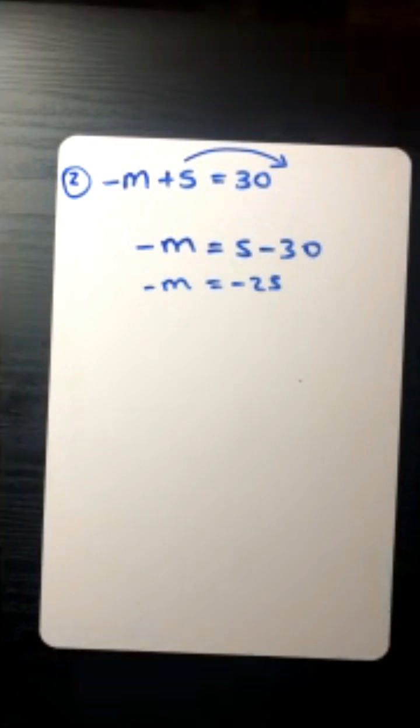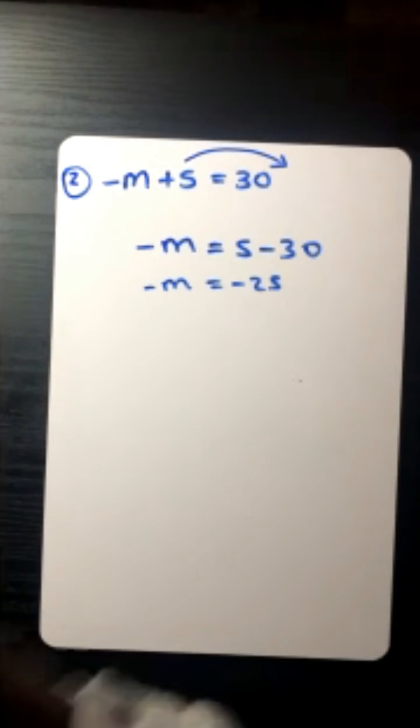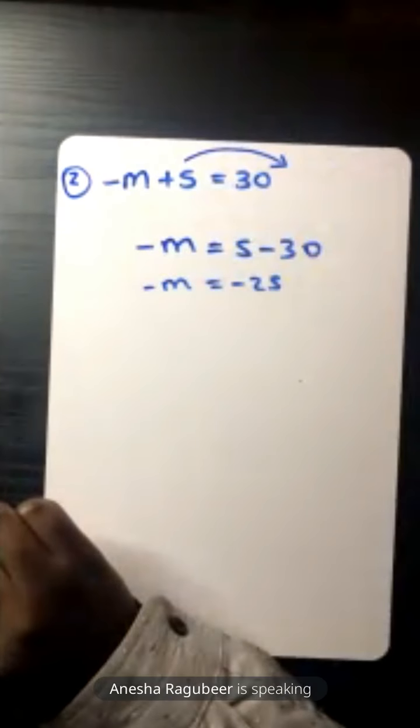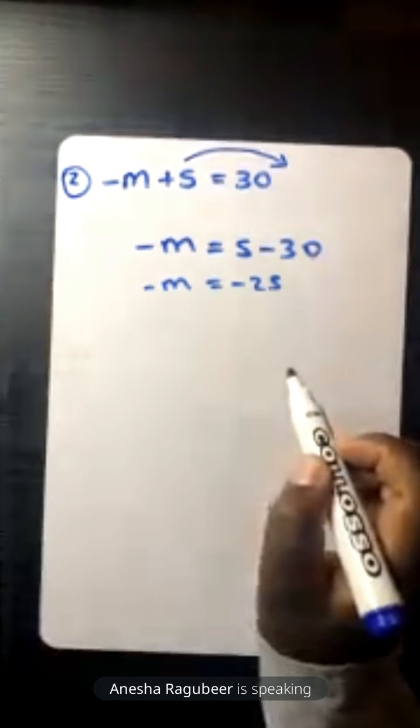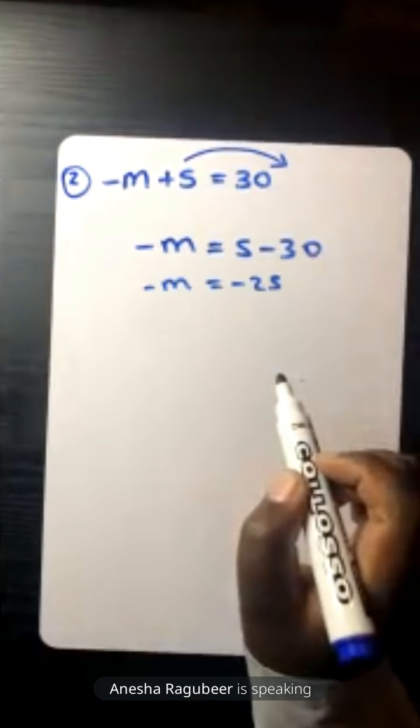So when you move that 5, what are you remaining with on this side? It's on the left side. Yes, because you are now moving that to the right side. Your M. So is it M or is it negative M?